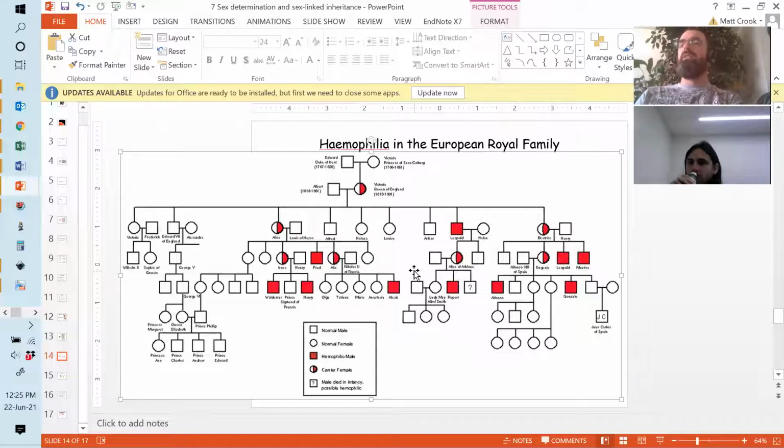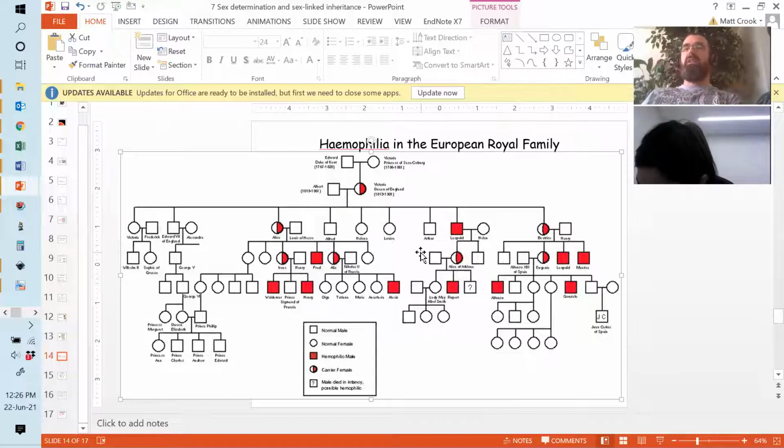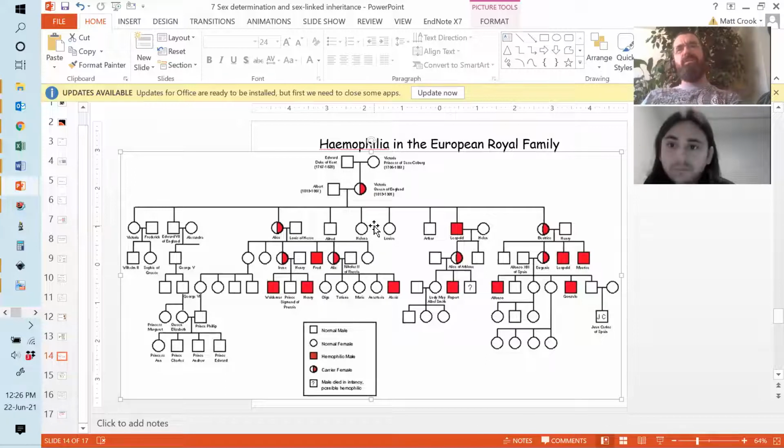The half-colored ones, which will be circles if it's sex-linked, are carriers, and so these will always be female. If you look at the European royal family, all the way from Queen Victoria, who was a carrier of hemophilia, and she must have, actually, how did she get it from? Maybe it was a spontaneous mutation.